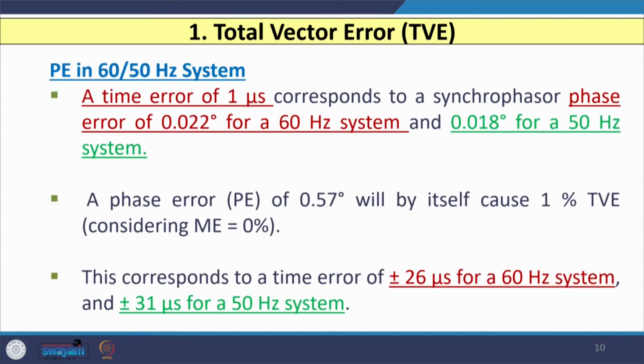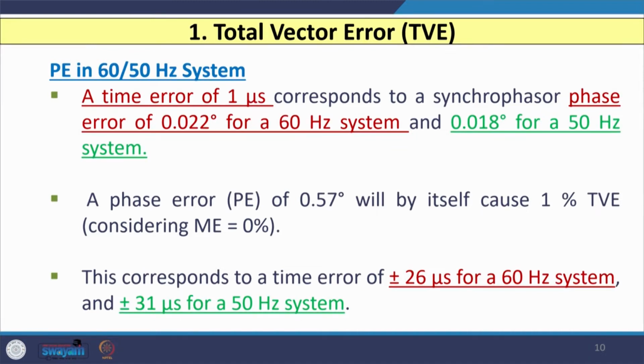Now, if I consider the phase error for a 50 hertz or 60 hertz system, then a time error of 1 microsecond corresponds to a synchrophasor phase error of 0.022 degree for a 60 hertz system and 0.018 degree for a 50 hertz system.